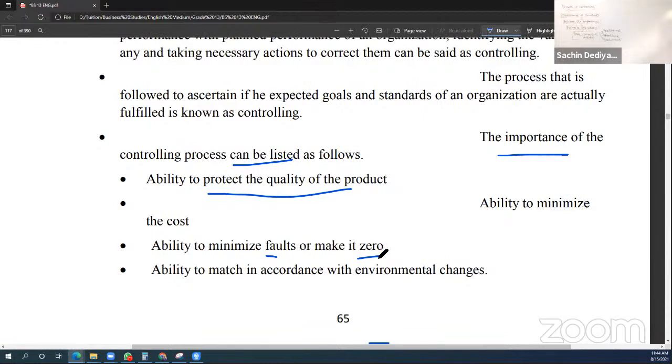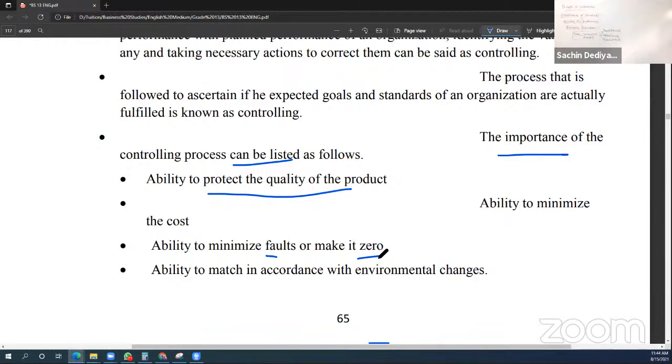Maybe there are some environmental factors which affect it, internally or externally. For example, why did you end up with less production? Maybe a set of employees was exposed to COVID, or maybe there's a strike. Then you know what action you need to take. It's always about changes: maybe one of your key employees has left the organization, or there's a shortage of raw materials.